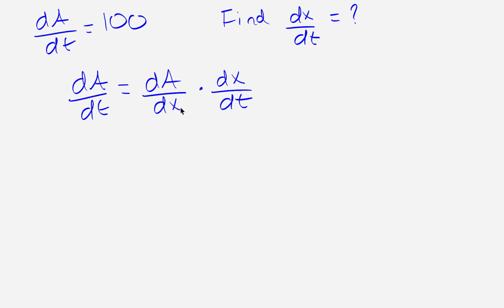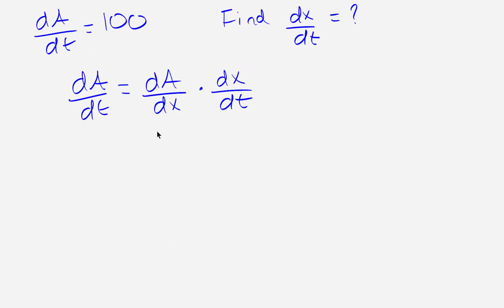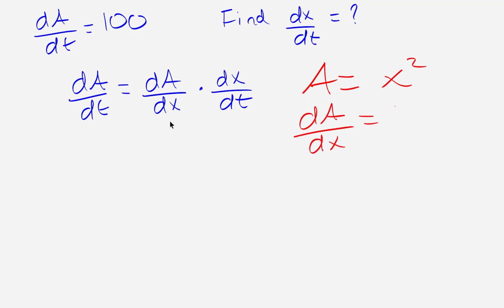Like the previous example, where I used the formula for the area of a circle to get dA/dr, in this example I'm going to use the area of a square to get dA/dx. So the area of a square is equal to x squared. So dA/dx is going to equal 2x.